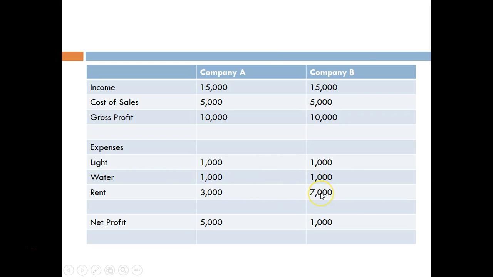Now here we have a situation where company B, because typically how it works is you haven't received your invoice, but you guesstimate. Company B thinks, oh listen, we used about 7,000 last year. We will pay 7,000 again this year. And you get to the end of the year and you realize that, well, really, we've only used 3,000 because the invoice comes through at the end of the year and says, look, you only have to pay 3,000.